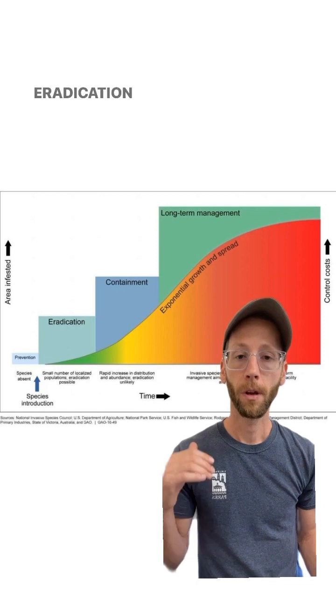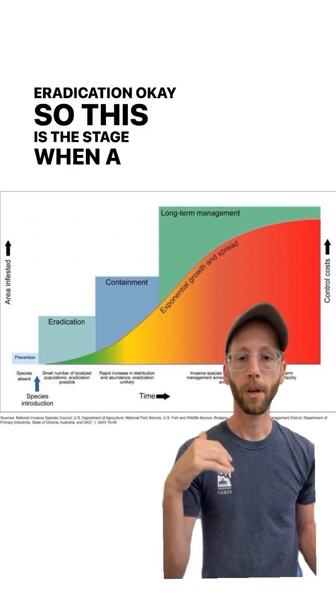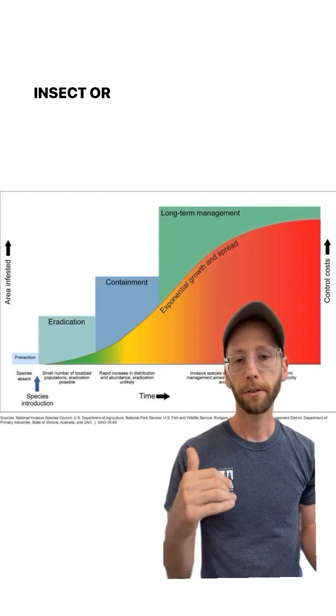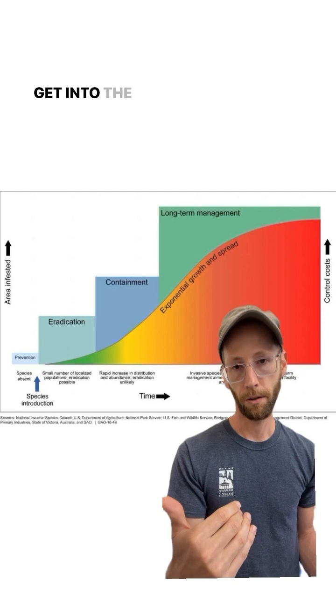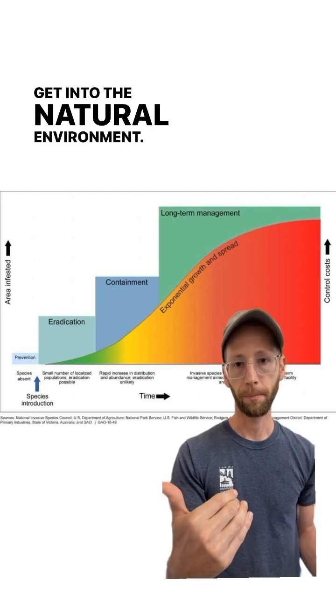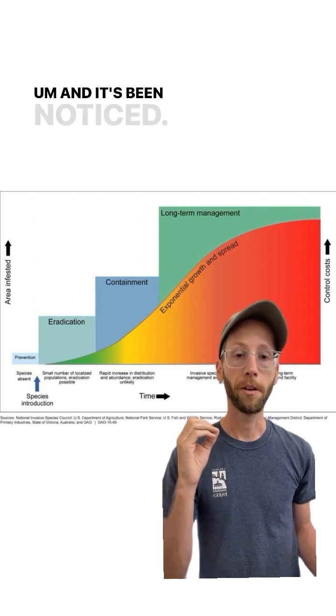Next we have eradication. Okay, so this is the stage when a plant or an insect or whatever has been introduced and it's started to get into the natural environment. It's starting to reproduce there, and it's been noticed.